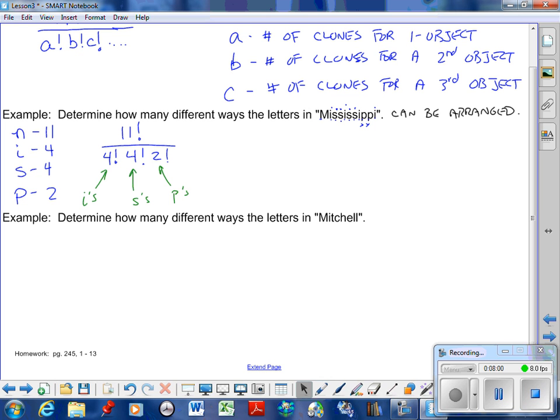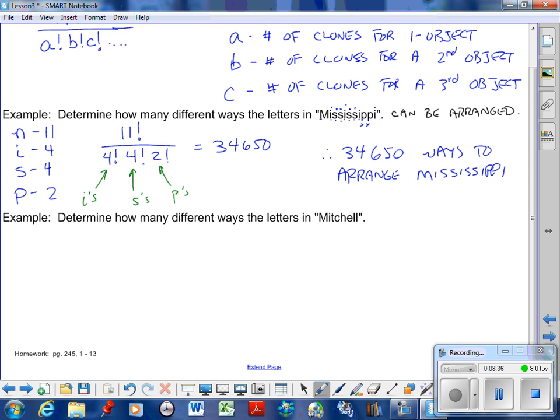And what that process does is eliminate all of our clones when we go to do that calculation. So as I punch it through the calculator, divided by 2, there are actually 34,650 different combinations. 34,650 ways to arrange Mississippi.